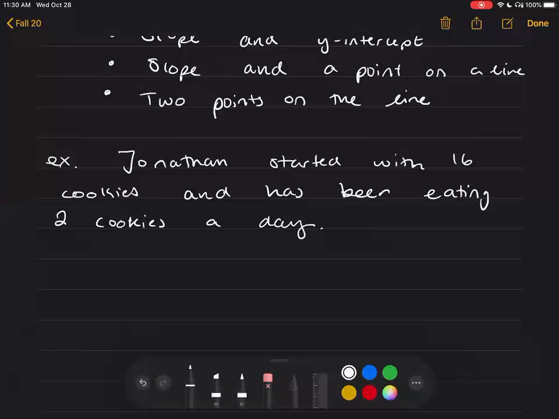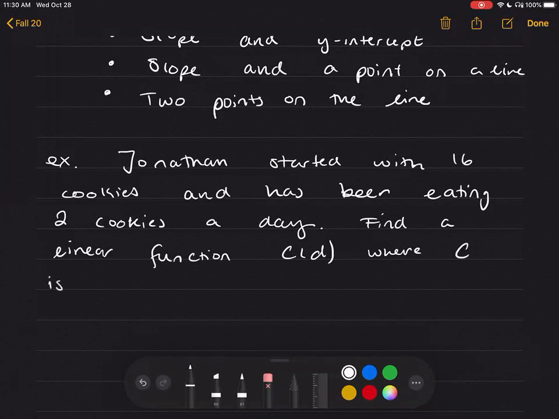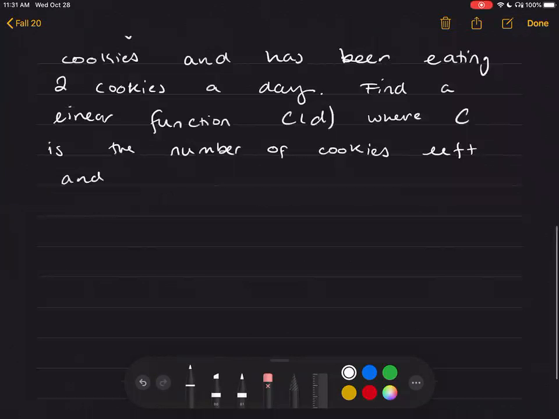We want to find a linear function C of D where C is the number of cookies left and D is the number of days passed.